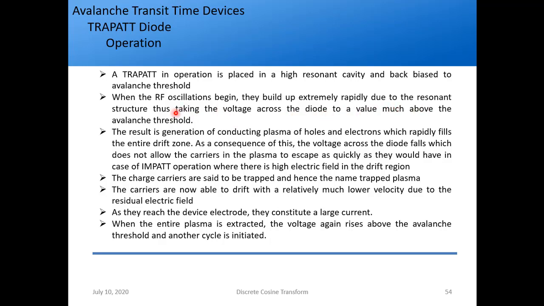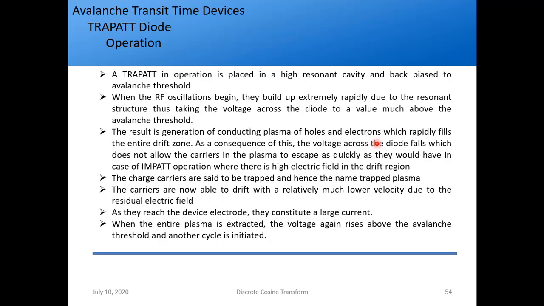So what happens because of this? Once the breakdown happens, the plasma is generated. A conducting plasma of holes and electrons rapidly fills the entire drift zone. But since the breakdown has happened, the voltage starts to decrease. The voltage across the diode falls, which does not allow the carriers in the plasma to escape quickly.